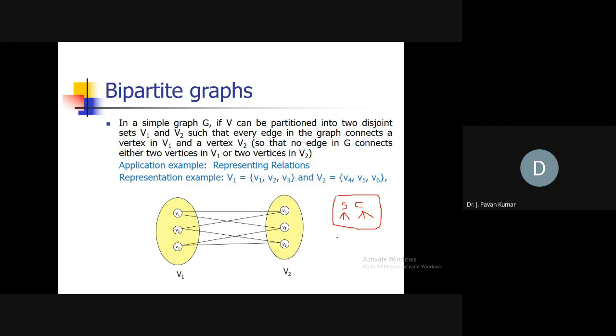Now if you model this as a graph, how can we model it? Every student we can consider as a vertex. Let us consider 3 students, so we will have 3 vertices for S. Next, how many courses do we have? Let us consider 4 courses, C1, C2, C3, C4. If student S1 enrolled in 2 courses, C1 and C3, then we will have an edge between S1 and the corresponding courses.